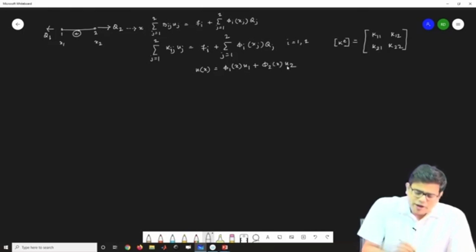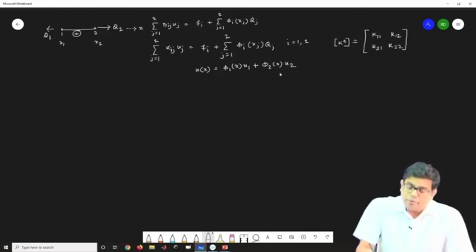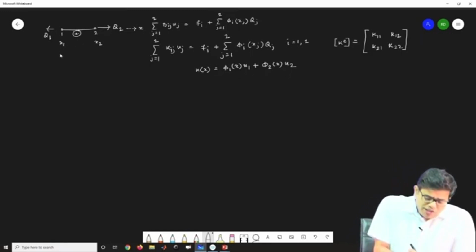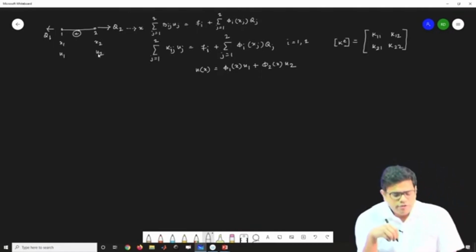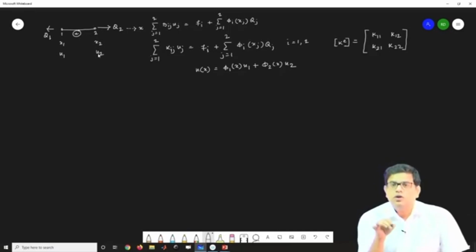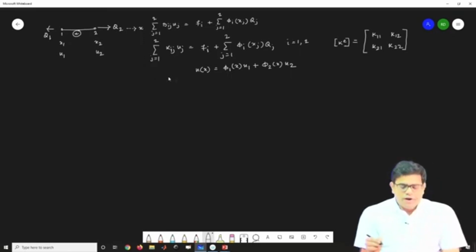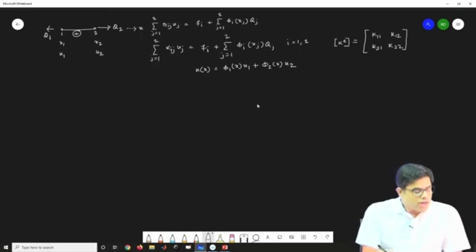Phi 1 and phi 2 are the approximating functions, or finite element shape functions. Here everything is unknown: u1 is unknown, u2 is unknown, q1 is unknown, and q2 is unknown. When assembling, I will separate them out. So the first objective is to find the finite element shape functions phi 1 and phi 2.